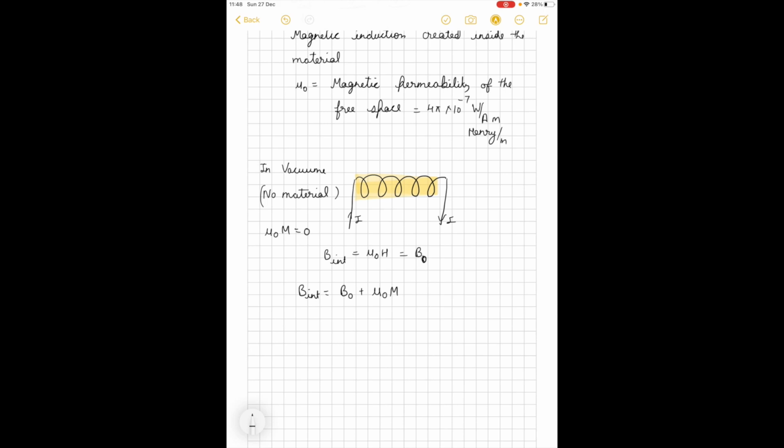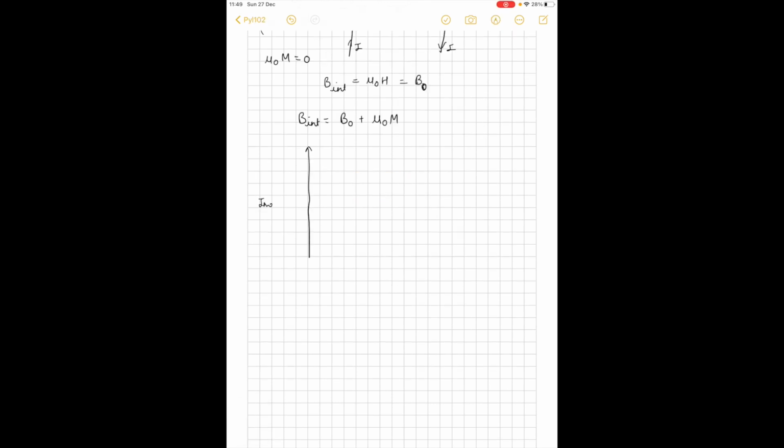The magnetic flux lines passing through the material, whether they pass through or not, and how much, will vary from material to material. So let me draw a plot between the induction and the magnetizing field.